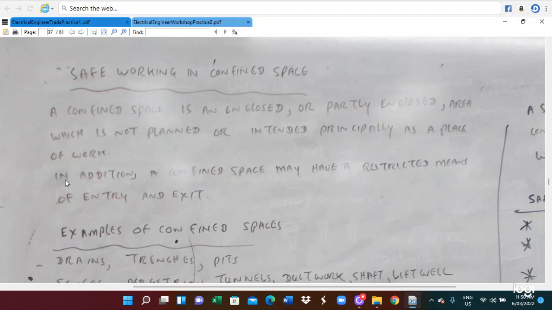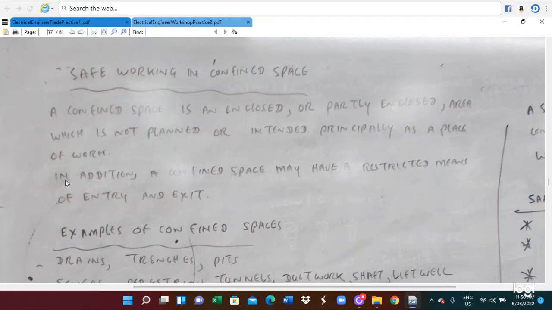Those are confined spaces, as well as a refrigerator room. They are not normal working places. They don't have appropriate ventilation, appropriate temperature, appropriate lighting condition. Those we can classify as a confined space.